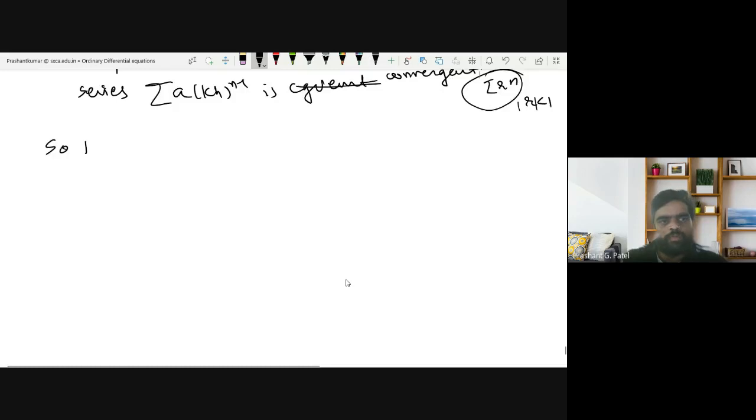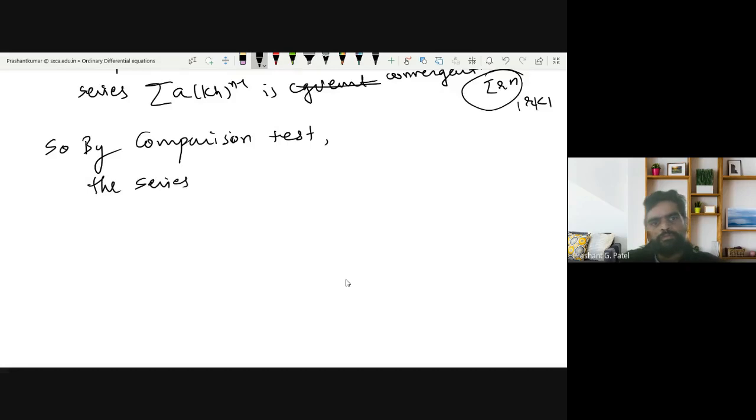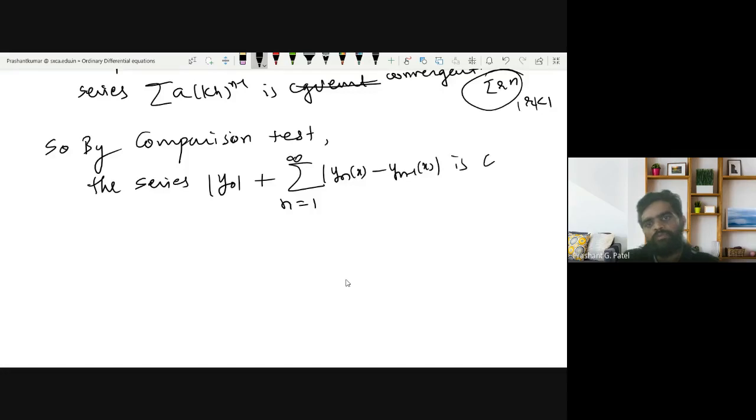So by comparison test, the series mod of y0 plus summation mod of yn of x minus yn minus 1 of x, n running from 1 to infinity, is convergent.